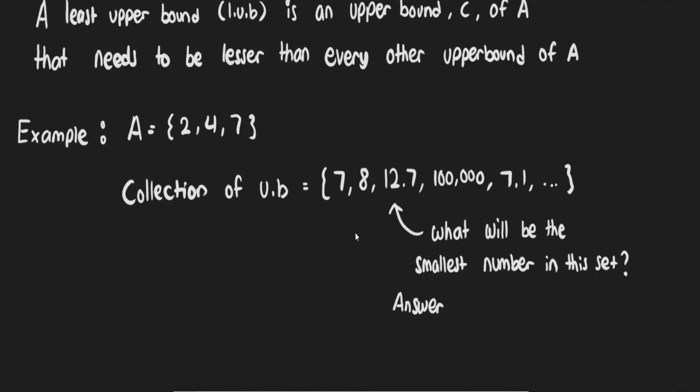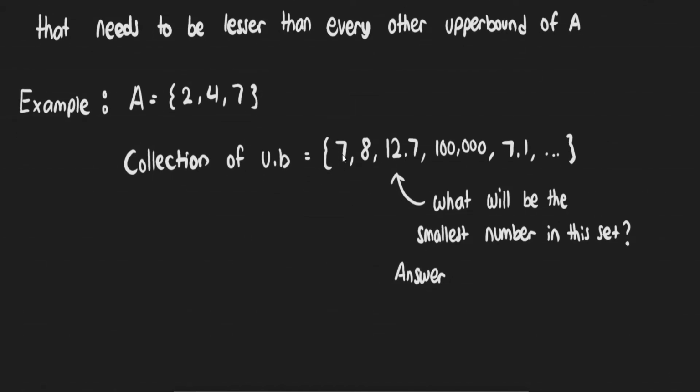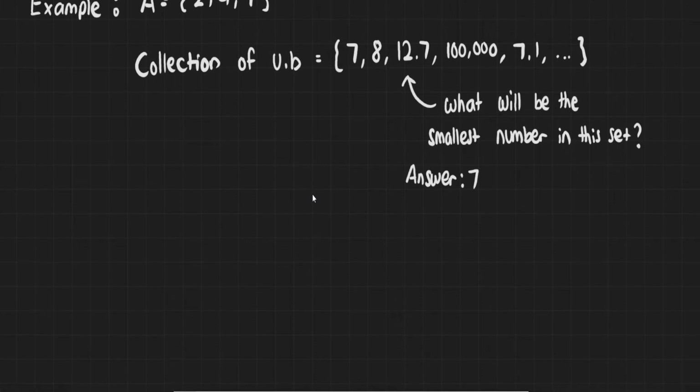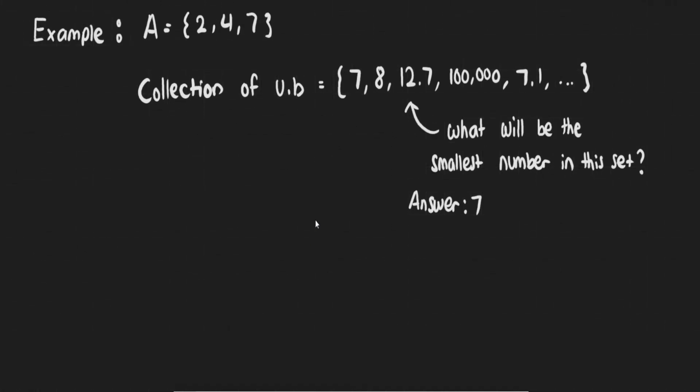So the answer to this intuitively is going to be the number 7. However, we still don't want to just arrive at an answer randomly without any explanation, even if it is intuitively easy to understand. We still want to be able to explain it step by step in a logical manner. So let's try to do that, shall we?